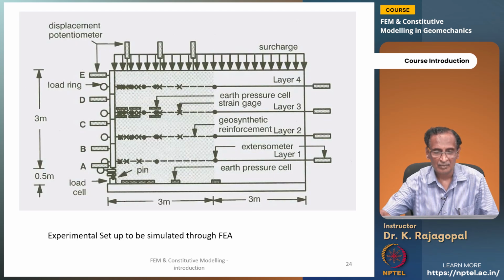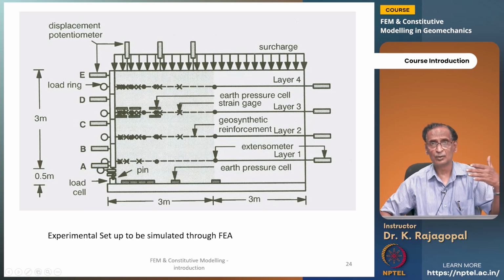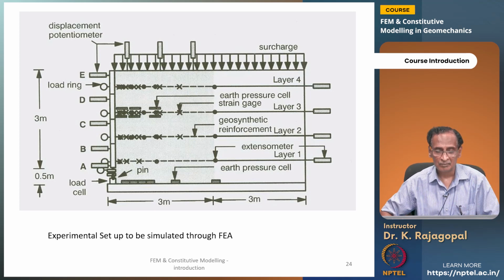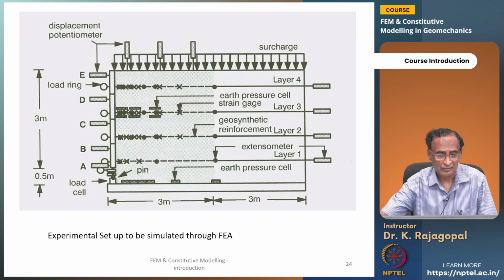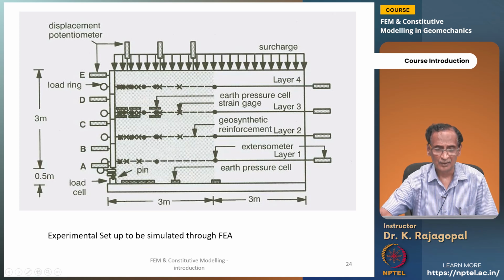And this is the complete schematic of the cross-sectional view of this testing. This soil is 3 meters in height, and the length of the soil is 6 meters, and these dashed lines are the reinforcement layers. There are totally 4 reinforcement layers, each at 750 millimeter spacing.